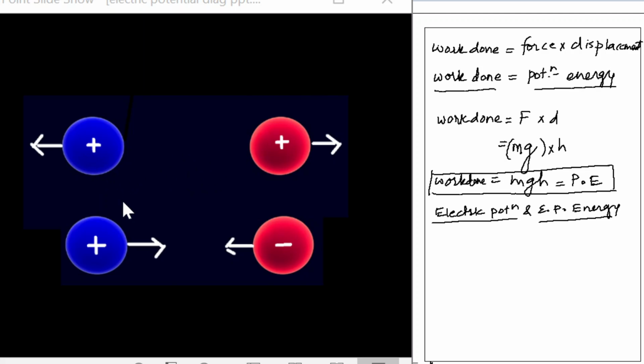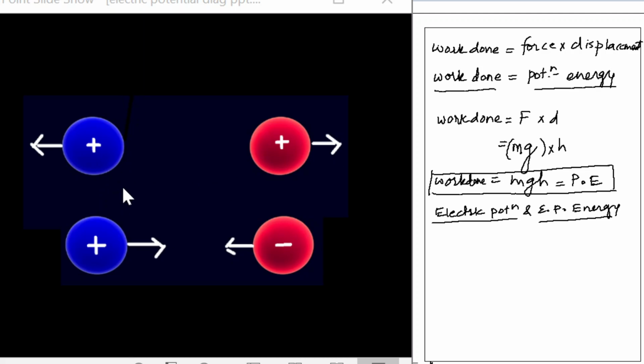And if those charges are different in nature or dissimilar, then there is a force of attraction between them. This force of repulsion or force of attraction is called the electrostatic force.